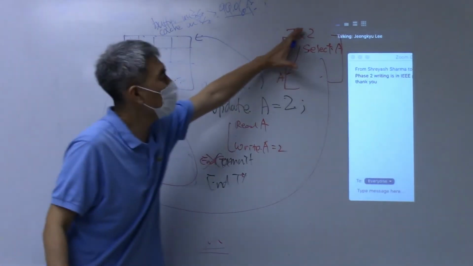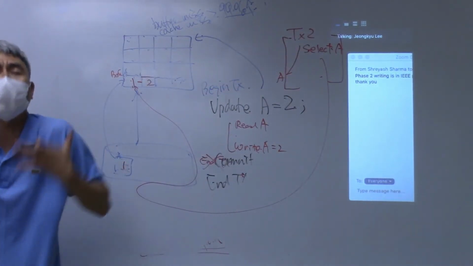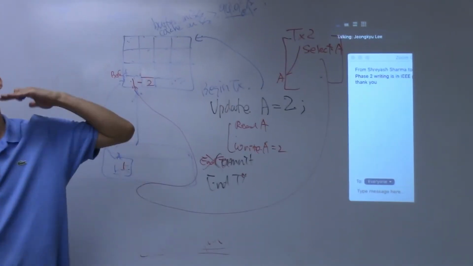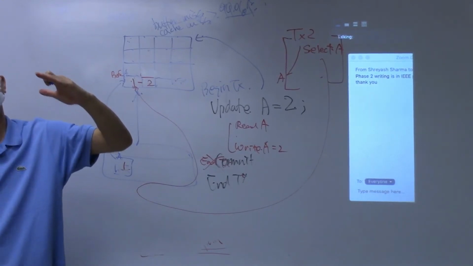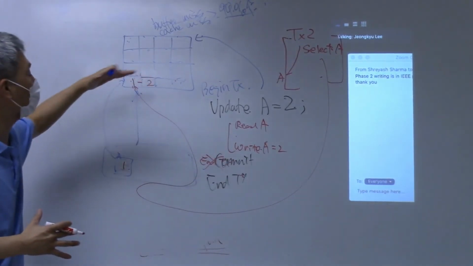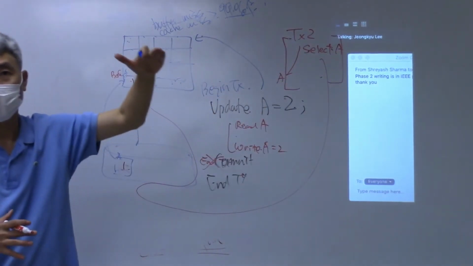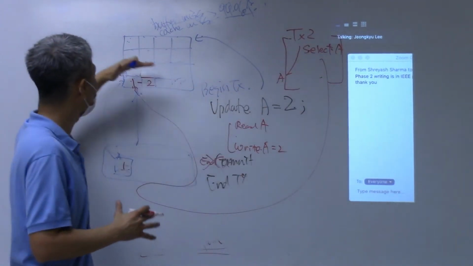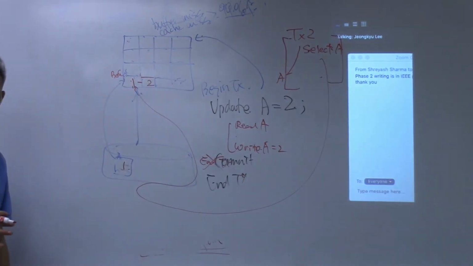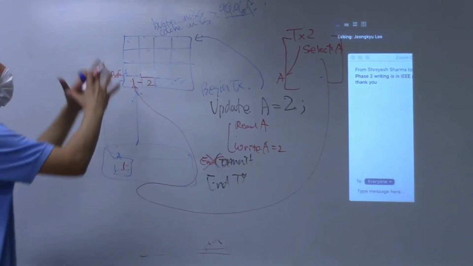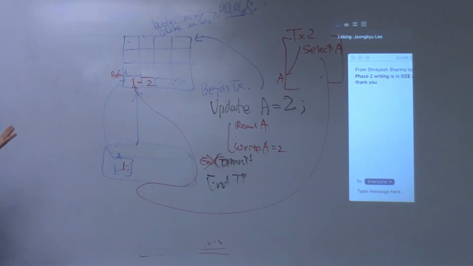Then each transaction can have its own database state. Right? So this one has a database state, schema, and the data. This one has a database state, schema, and the data. Even with the before image, at that time we can say the database is consistent.